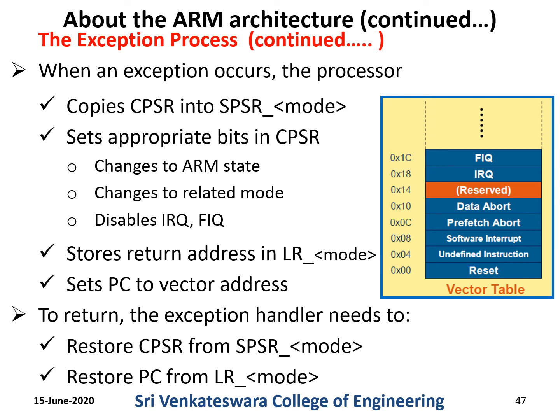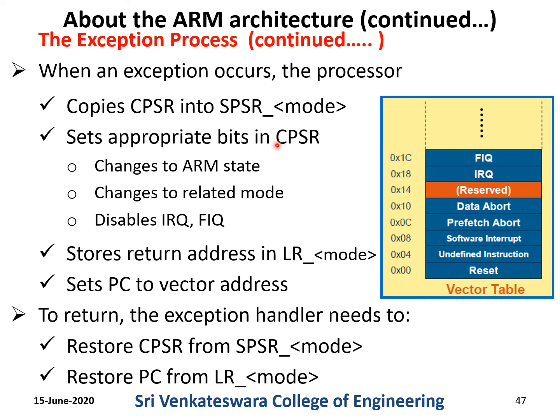Then the CPSR mode bits are also changed appropriately, and the processor also changes to the ARM state, because if the processor has already been operating in thumb state, it cannot remain in thumb state. Whenever an exception or an interrupt occurs, the processor cannot remain in thumb state. All the switching from one mode of operation to another can happen only in the ARM state.